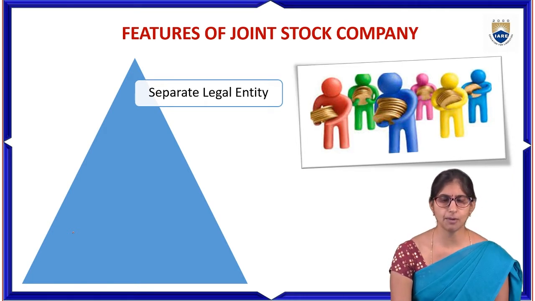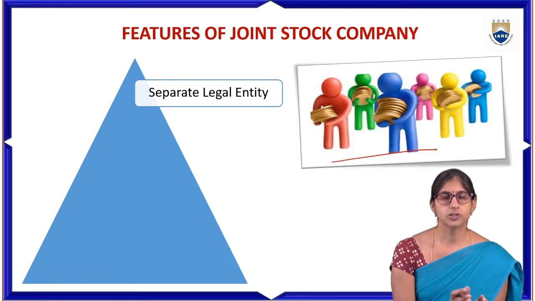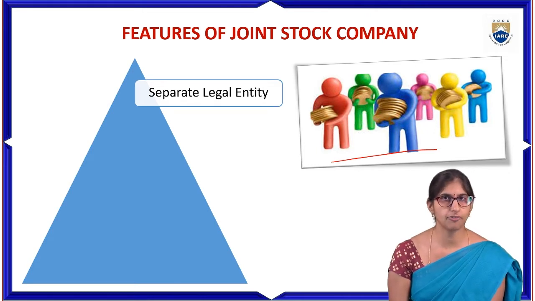Many people are engaged in this business form of joint stock company. All these people are individually contributing their capital to the joint stock company, but they are separate from the business. The business is different and these individuals are different.